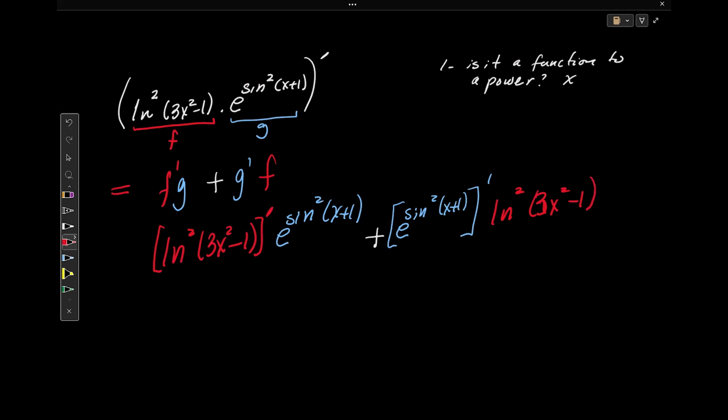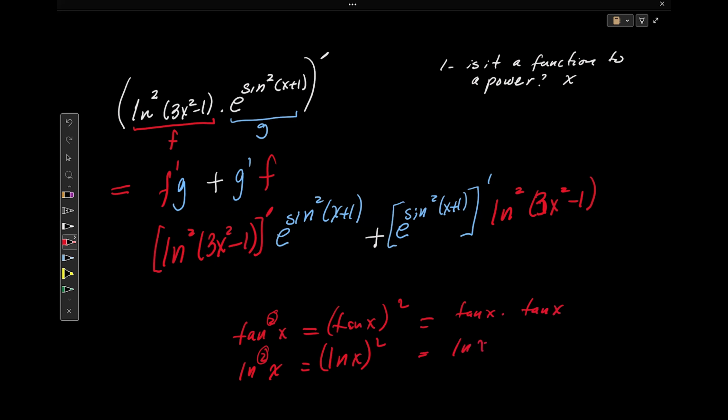By the way, sometimes people write tangent squared x, which is the same as tangent x squared. Ln squared x is ln of x squared. The square here is not on the x. It's on the natural log. In other words, this is like ln x times ln x.